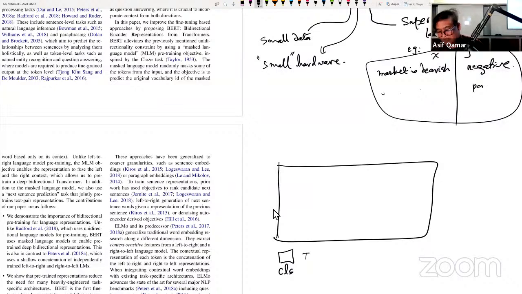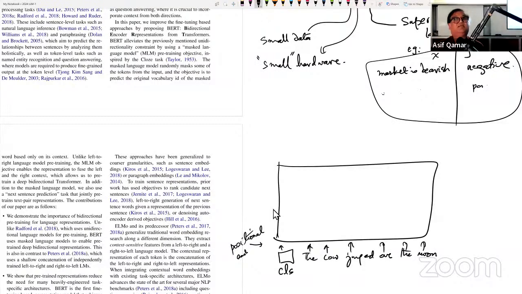And then you would say, the cow. You do the usual thing. These things become embeddings. Each of the words becomes an embedding, isn't it? Then you add positional embedding. It becomes your total embedding that goes into the encoder.